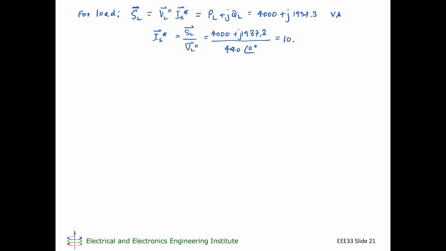I'm going to get 10.10 at an angle 25.84 degrees amperes. Or Is is 10.10 at an angle minus 25.84 degrees amperes. Note that in our first solution, this is exactly the same value we got for Is.